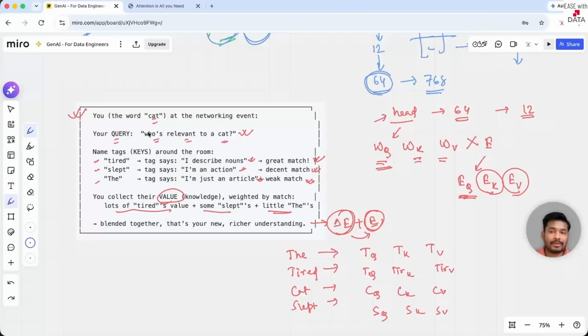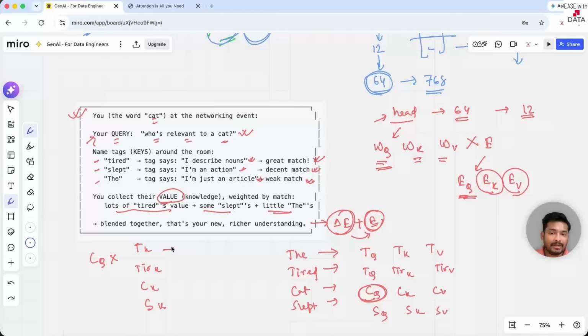And now, since we are looking for the cat's relevance, we would use the query of the cat and multiply it with all of the keys of the different embeddings. So we would multiply CQ with the key of the, with the key of tired, and also with cat's key and slept's key.